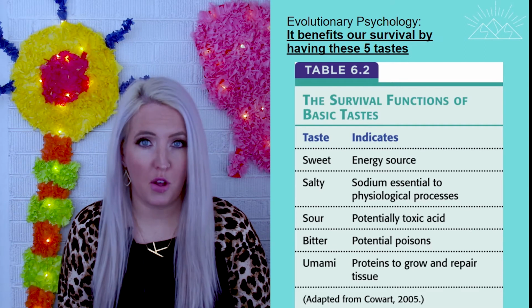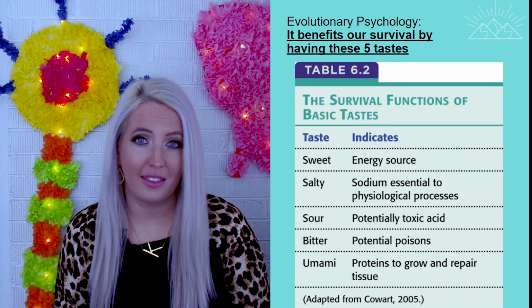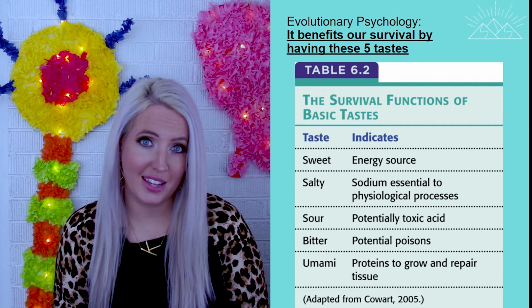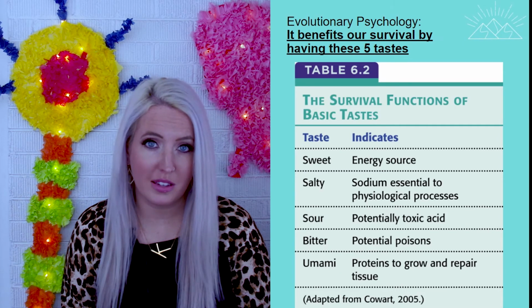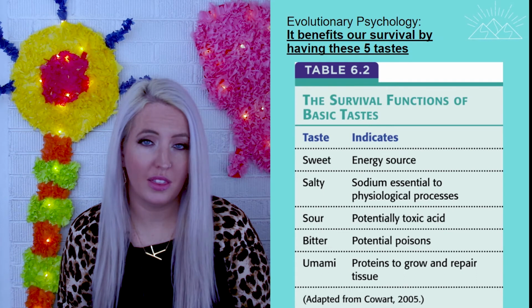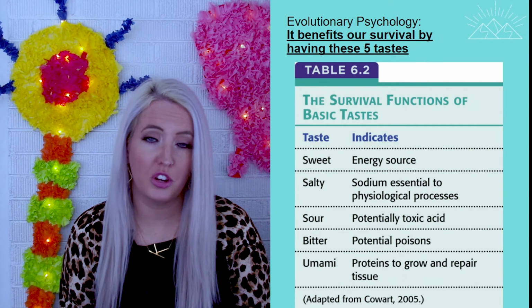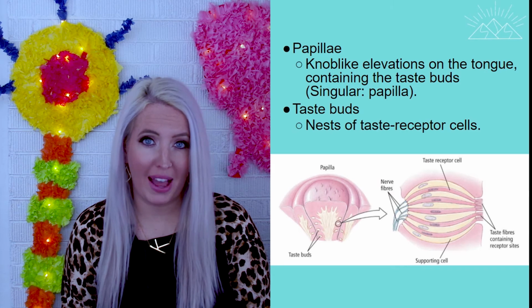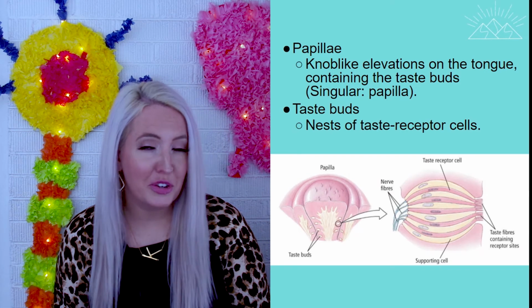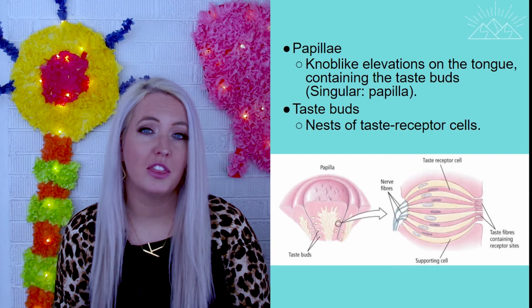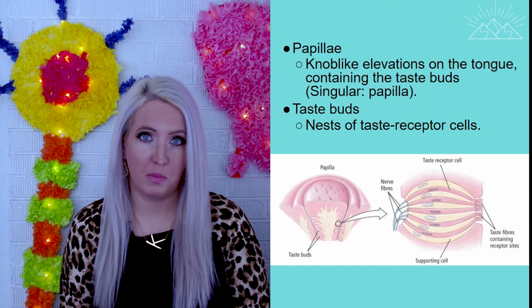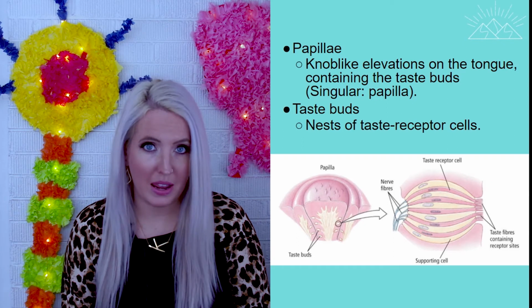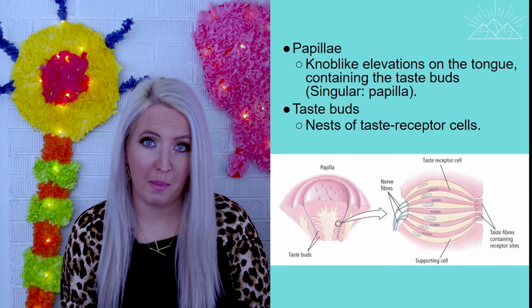Of course, things have evolved over time, and now we can eat things that are both sweet and sour, and it might not be harmful for us. So when you taste your food, this information is landing on your tongue. And those bumps on your tongue that you may have referred to in the past as taste buds are actually not taste buds themselves. The buds exist within those bumps, and there are many, many buds within one single bump on your tongue.